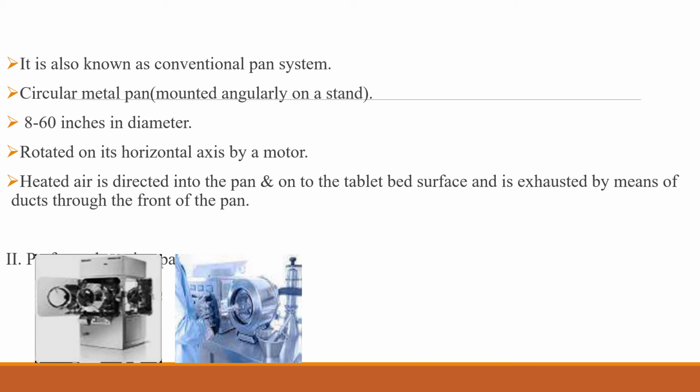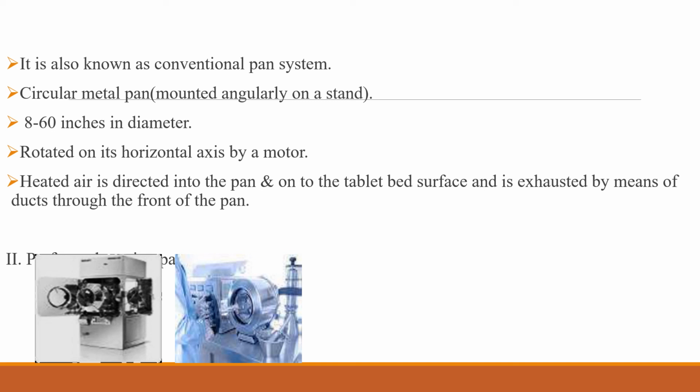It is known as the conventional pan system, and it is mounted angularly on a stand, and its diameter is 8 to 60 inches. It is rotated on a horizontal axis by a motor, and heated air is introduced into the pan and onto the bed surface, and it is adjusted by means of ducts through the front of the pan.